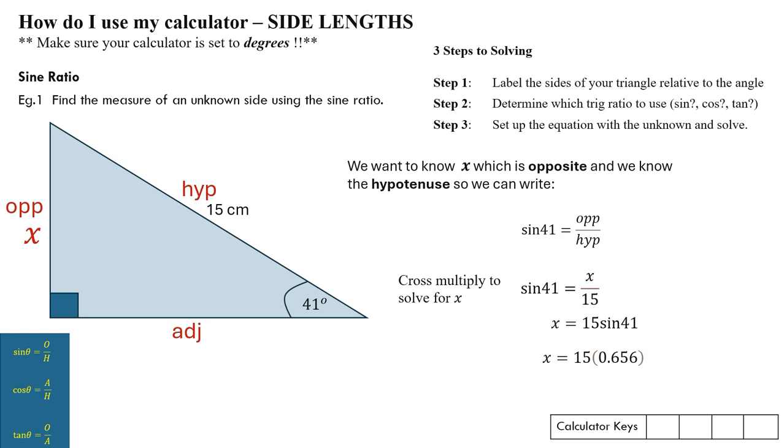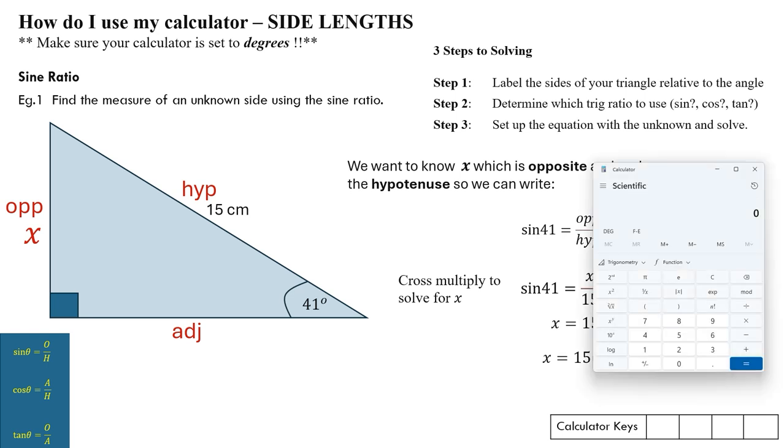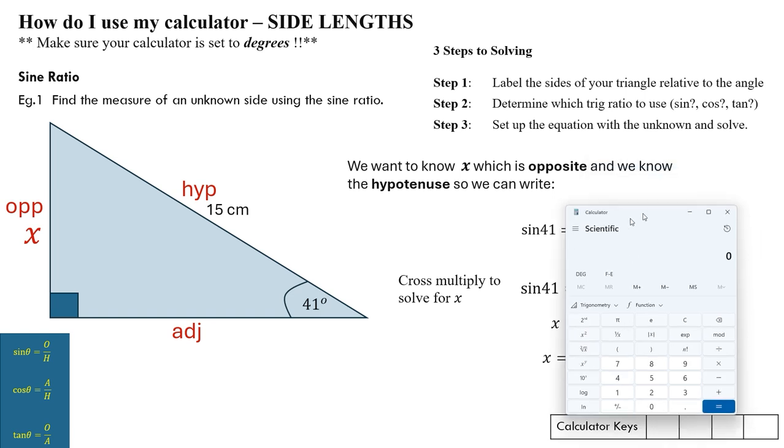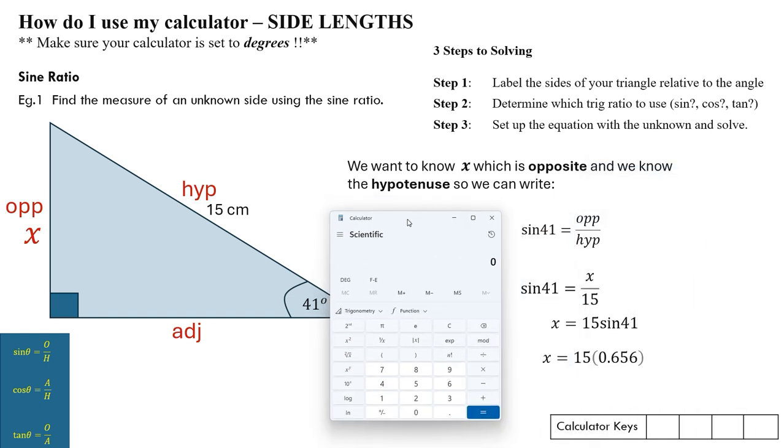Using our calculator, we figure out what the value of sine 41 is. So I'll just bring up the calculator here. I type in 41, and I go to trigonometry and choose sine, and I get this value right here, 0.6560.